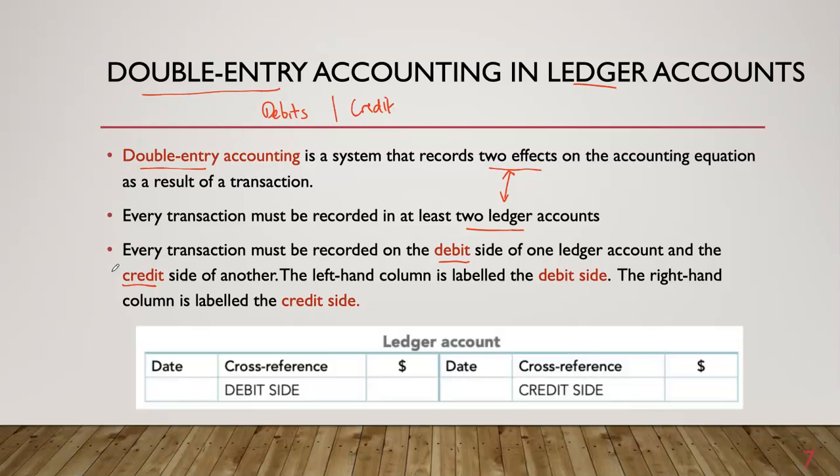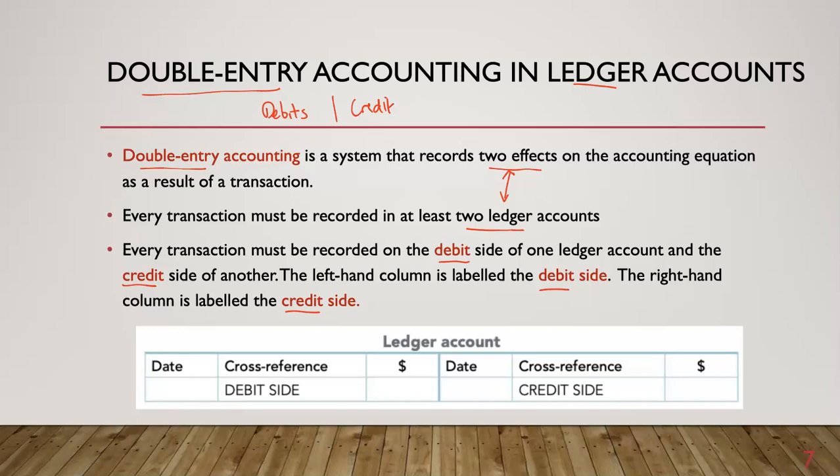All we are talking about here is, in our ledger, the left-hand side is my debit side and the right-hand side of my ledger is a credit. And that's because our ledger account looks something like this. In fact, this is what it looks like in Year 12 accounting.